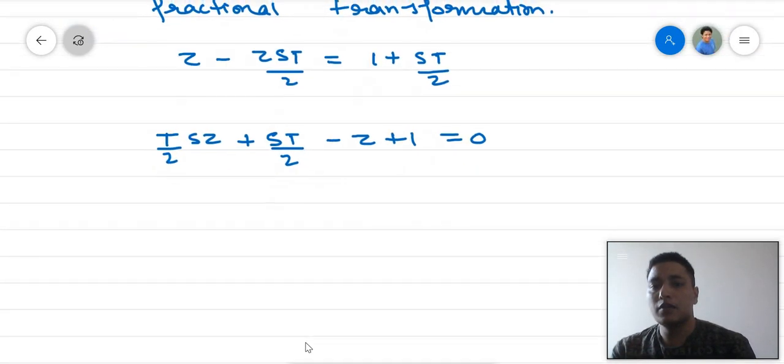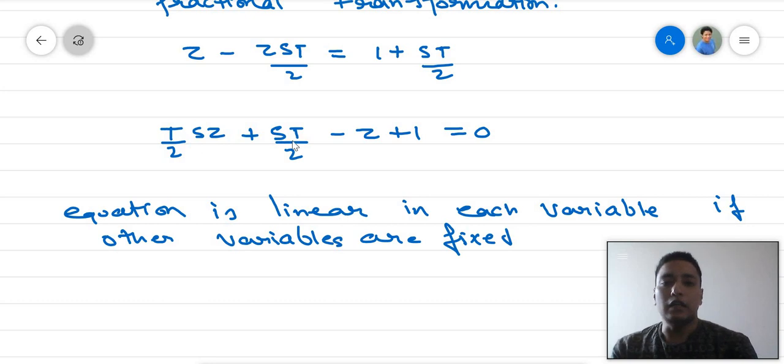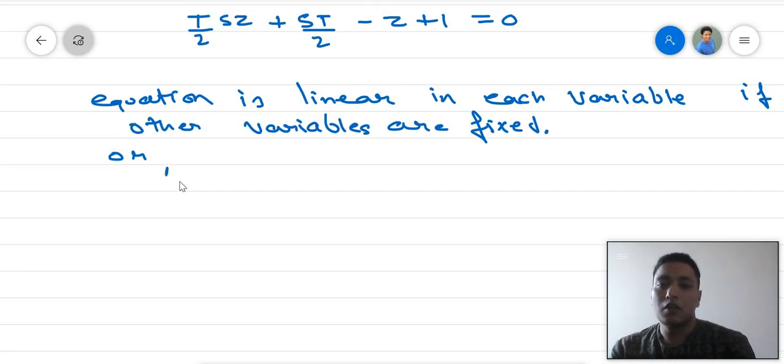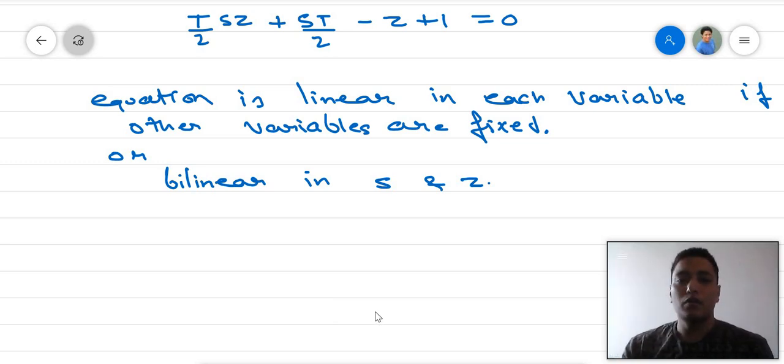Now we can see this equation is linear in each variable, that is S and Z, when the other variable is fixed. Or we can say this equation is bilinear in S and Z.